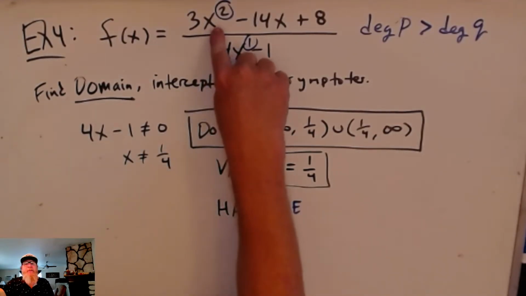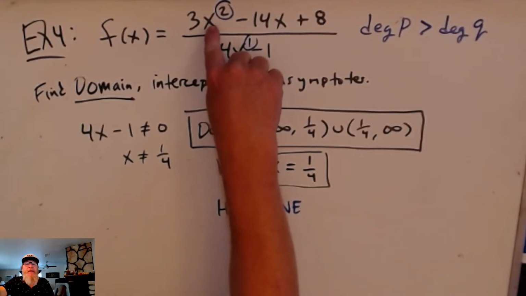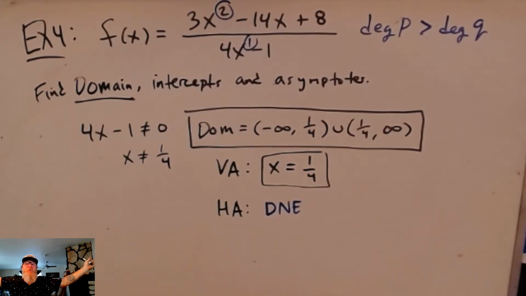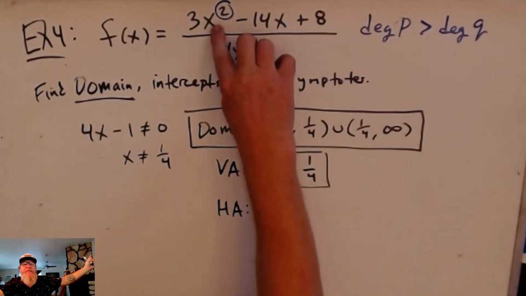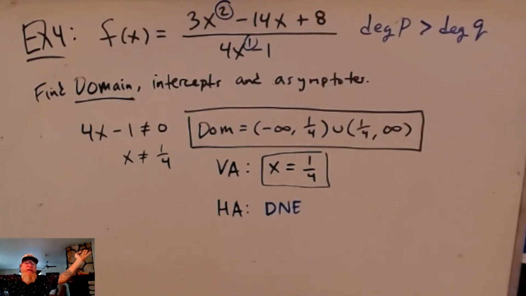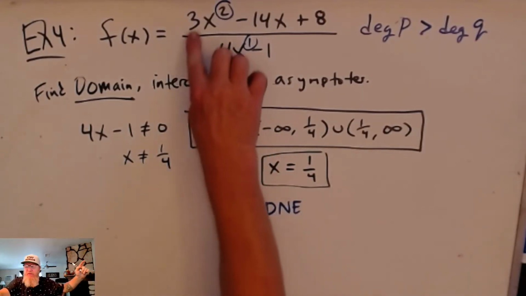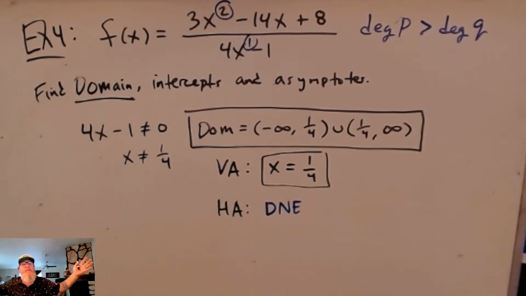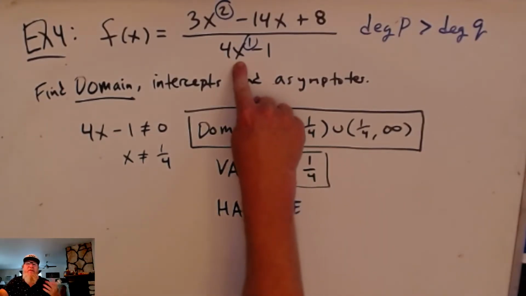Well, think about that. If you plugged in a big number here, yeah, the numerator is squared, so the numerator is going to get huge, right? If you plugged in 1,000,000, that would be 1,000,000 squared, right? It'd be huge. I don't even know what 1,000,000 squared is. It has 12 zeros. I guess that's a quadrillion? I don't know. You have to look that one up. Google that one. All right, it'd be a 1 followed by 12 zeros. All right, that's big. Yeah, the denominator would only be 4 million.